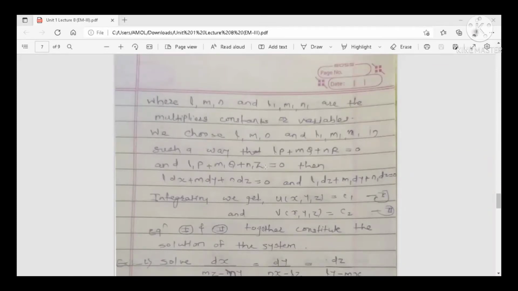There is one small correction: in place of z, the term is r. So lp plus mq plus nr is equal to 0 and l1p plus m1q plus n1r is equal to 0. Then the numerators are also 0.